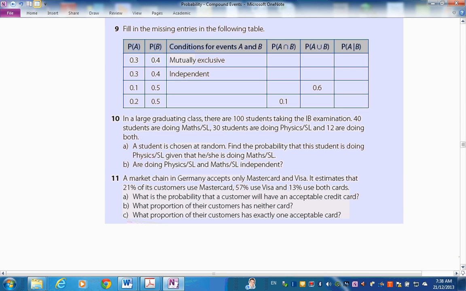Okay, very important to analyse the event and see what they're really looking for. Okay, let's look at the solutions now.